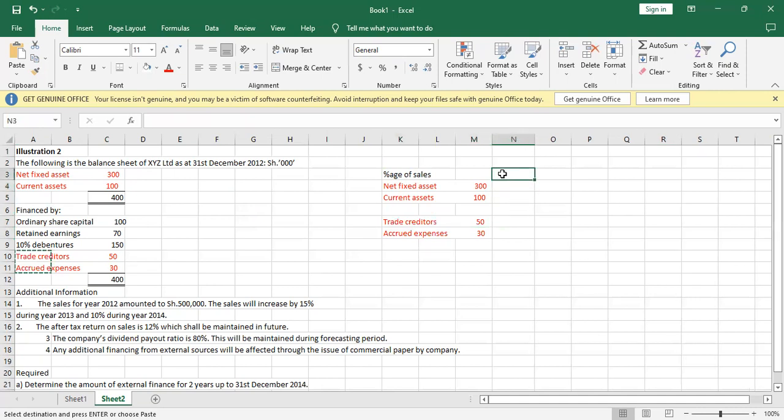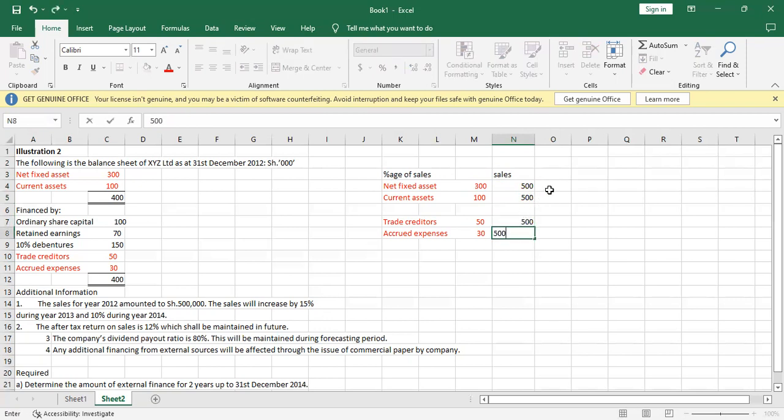Then our sales. Right, there's the figure for sales. In the additional information, you've been told here that the sales are 500 for the year 2012. We haven't moved yet.